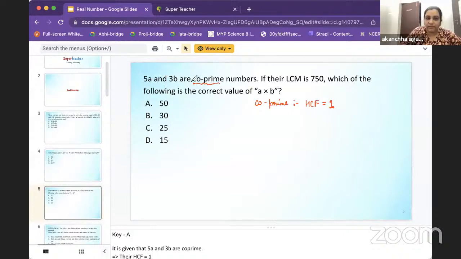5a and 3b are co-prime numbers. If their LCM is 750, which of the following is the correct value of a times b? Since I have done a similar question just now with you, I would like to give you a minute, try it out, and then we can discuss the problem here. Please try it out. It's very similar to the previous problem.